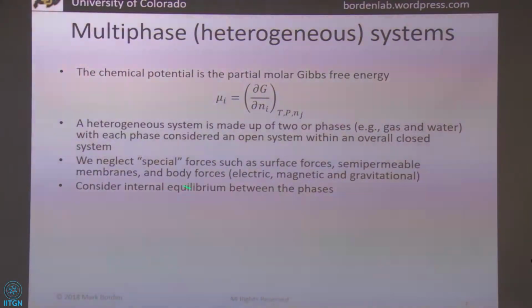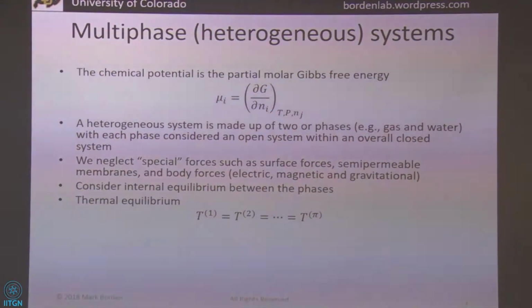We'll consider the internal equilibrium between the phases. So at thermal equilibrium, the temperature in phase 1 will be equal to the temperature in phase 2, and the temperature in all the phases from 1 to pi are going to be the same. Now pi is the total number of phases. In this case, we're just looking at a two-phase system, but you could have multiple phases, right?